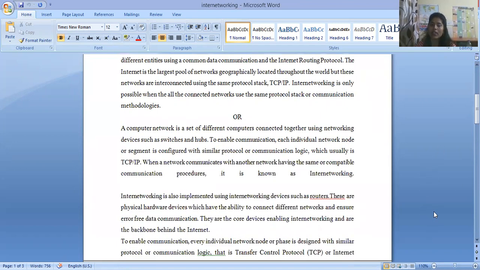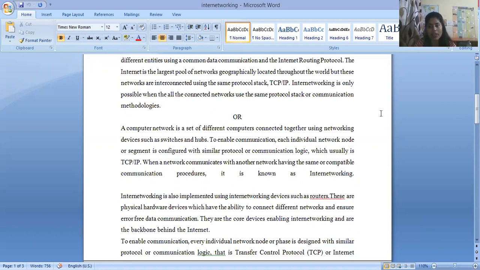Or you can also say that a computer network is a set of different computers connected together using networking devices like switches, bus and hubs, whatever we use here.